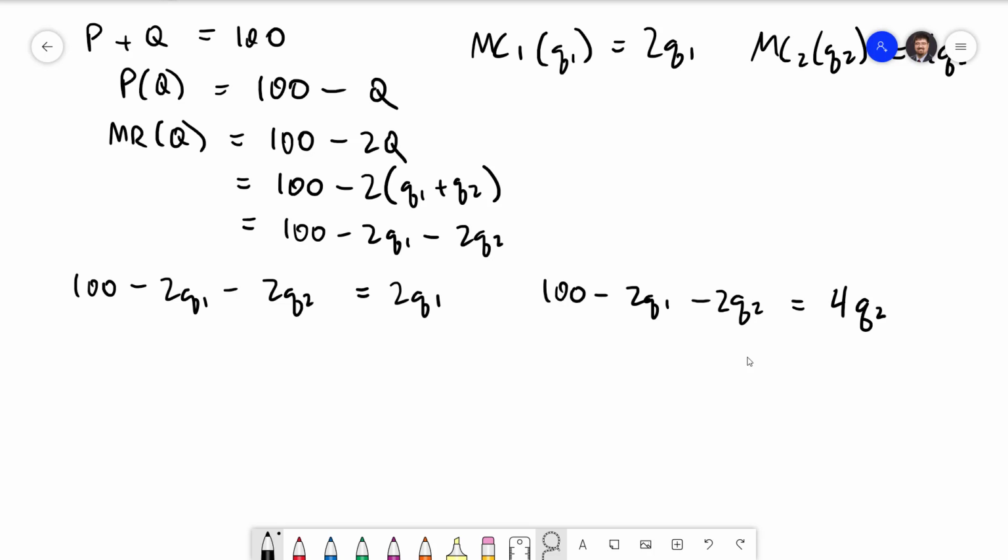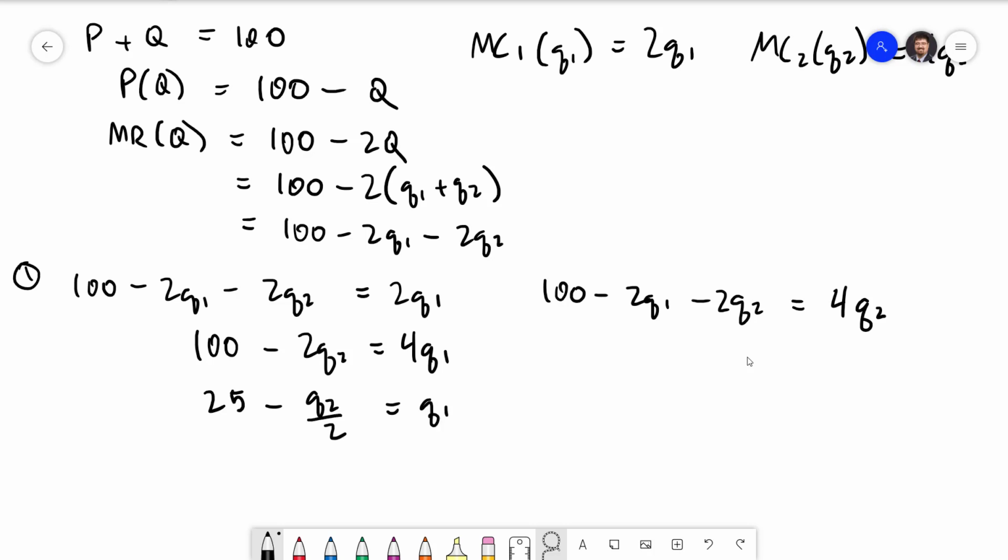There's many ways to go about this, but what I will do is take our first equation and solve this for Q1. So I'm going to add 2Q1 to both sides, and that's going to give me 100 minus 2Q2 equals 4Q1, and then divide both sides by 4. So I'll get 25 minus Q2 over 2 equals Q1.